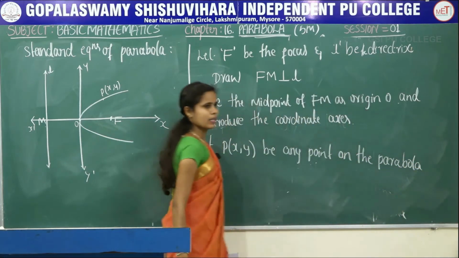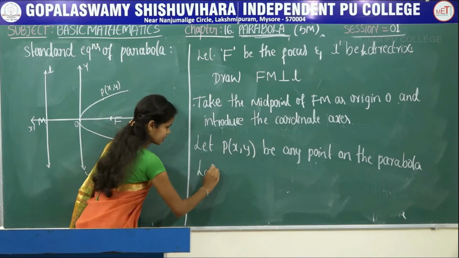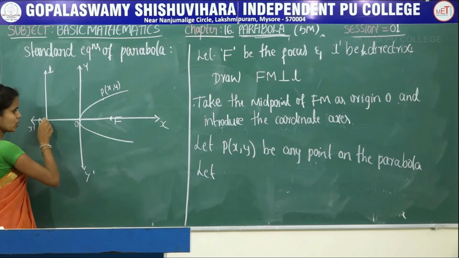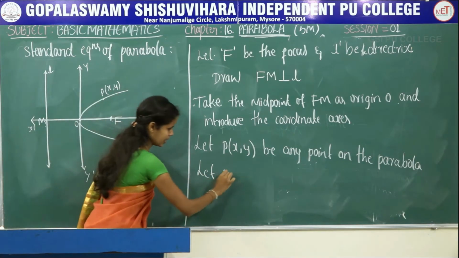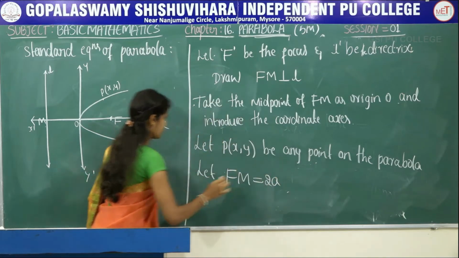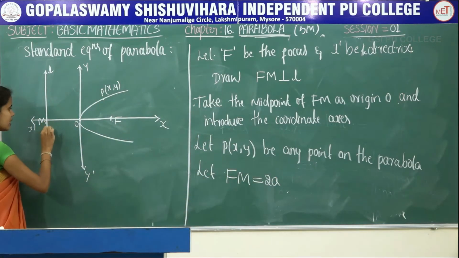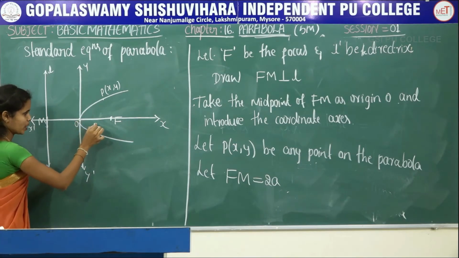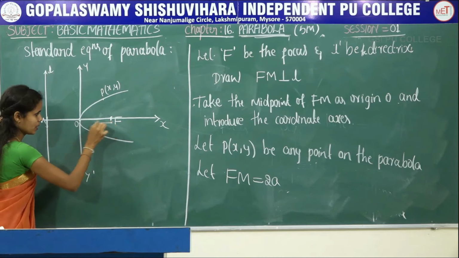Okay. Next, let this distance FM be equal to 2a. That means let the distance between the directrix and the fixed point be 2a. O is the midpoint. Therefore, this distance is equal to a.